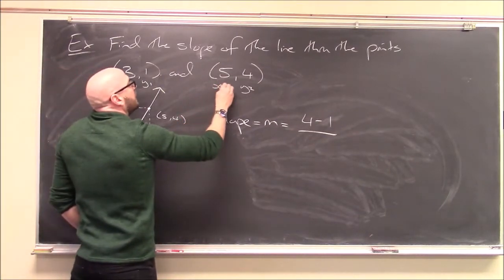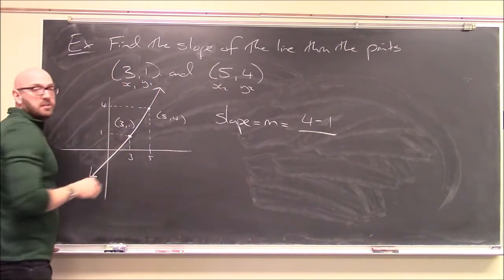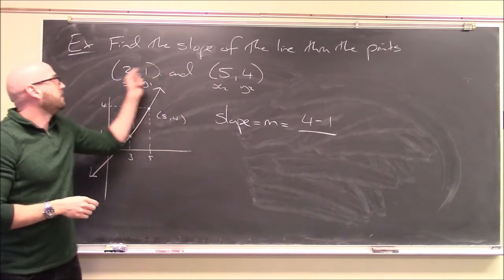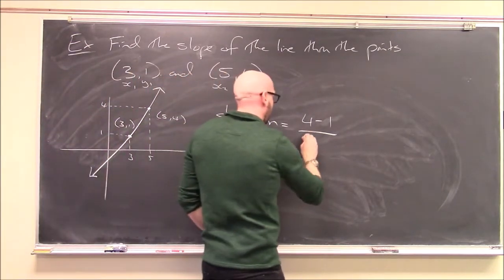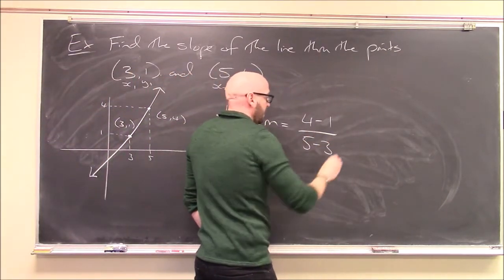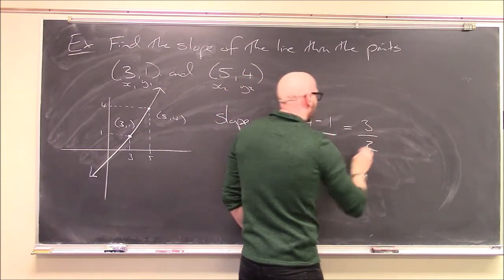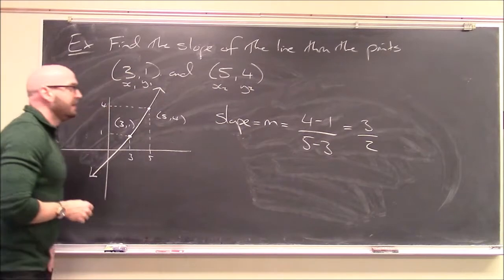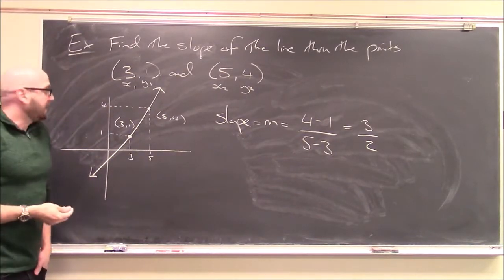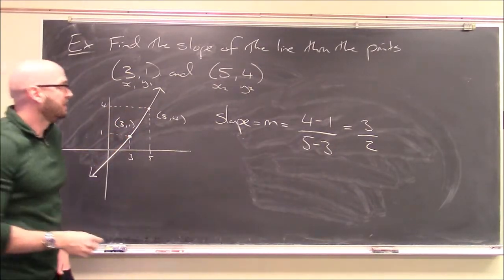So here's x2, and here's x1. So that's 5 minus 3. And it looks like this comes out to what? 3 over 2. So this line has slope 3/2.